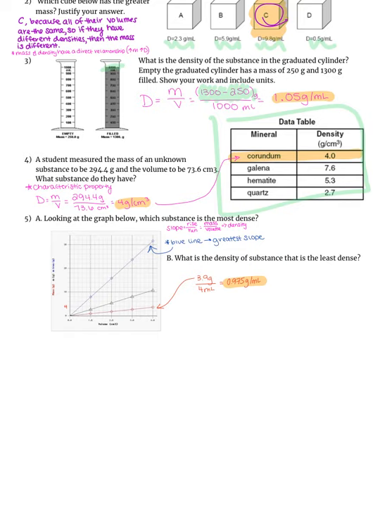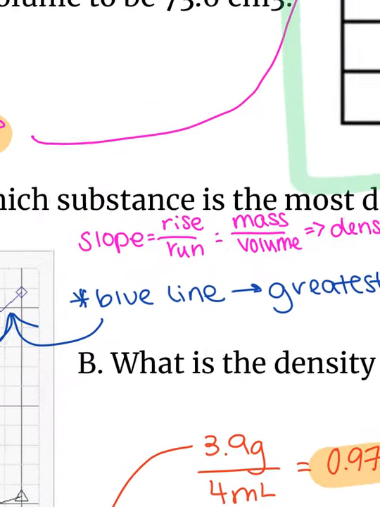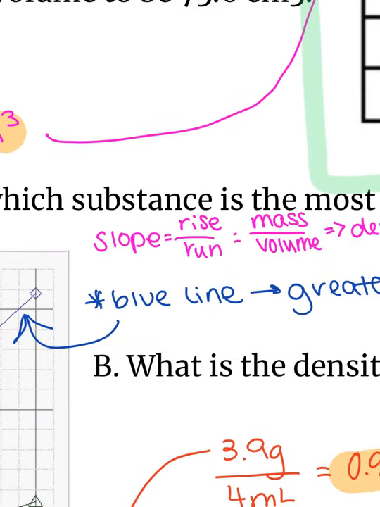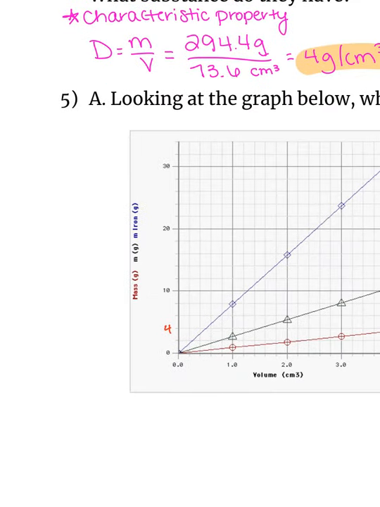All right, now this is when it starts to get a little bit tougher because we haven't quite talked about graphing density just yet. But if you think all the way back to Algebra 1 and pre-algebra, when you first learned about slope, you know that slope is rise over run, or the change in y divided by the change in x. On my y-axis, you notice that I have mass, and my x-axis has volume.